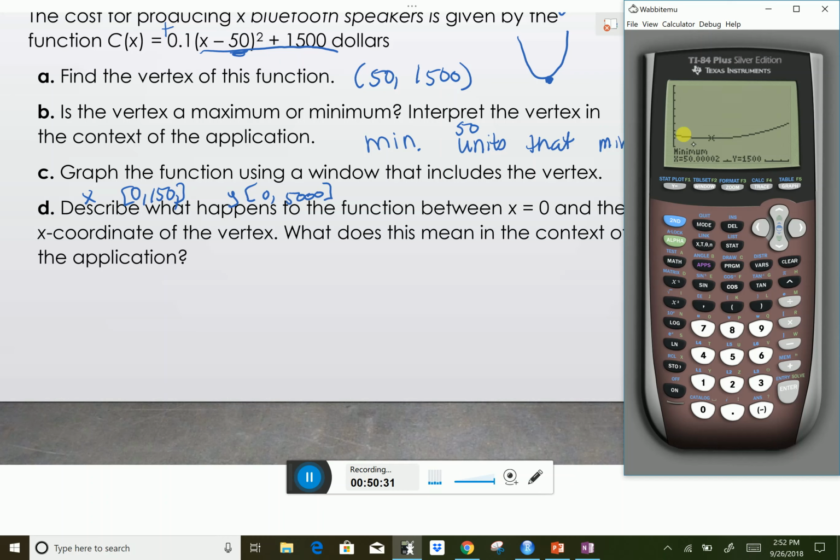So what is happening to the function between 0 right here and my minimum right here? And what's happening is that the function is decreasing.